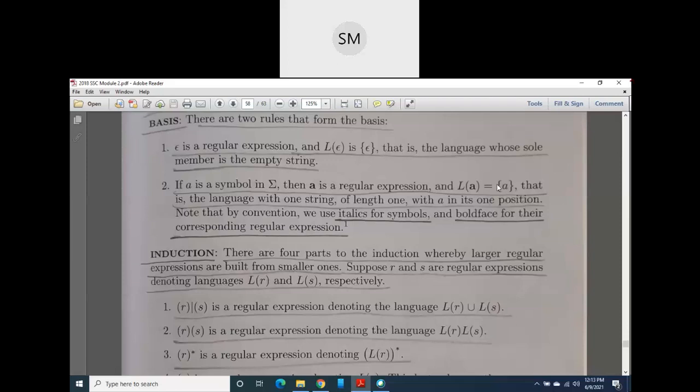The string you will get from that language is A only, because only one string is there, right? So what we are getting here is a language with only one string, and whose length is also one only.